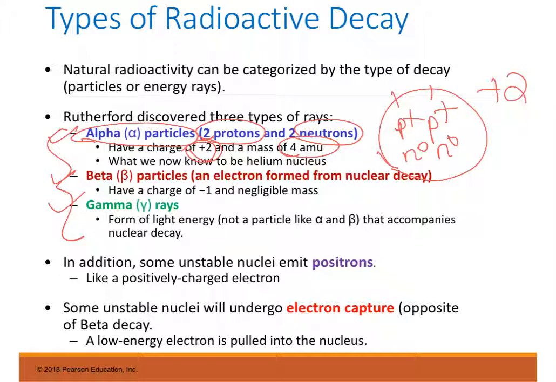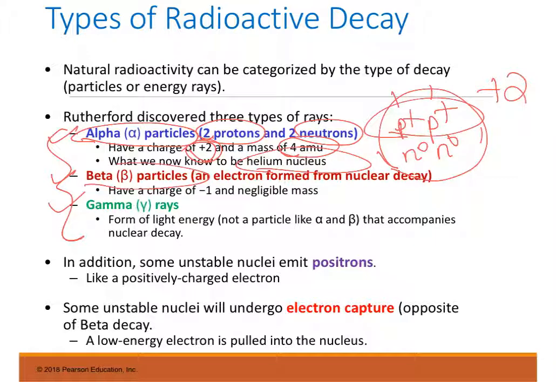Remember, protons and neutrons each have a mass of 1 AMU. And it turns out that 2 protons actually makes a helium. So an alpha particle is often referred to as a helium nucleus.